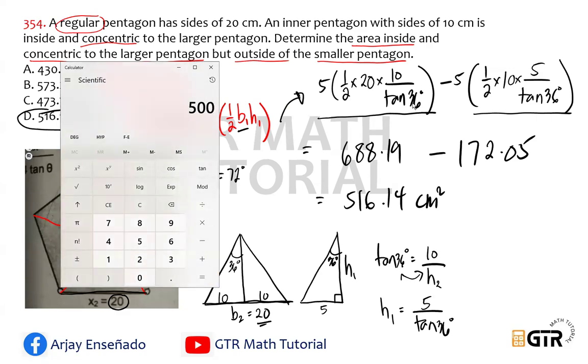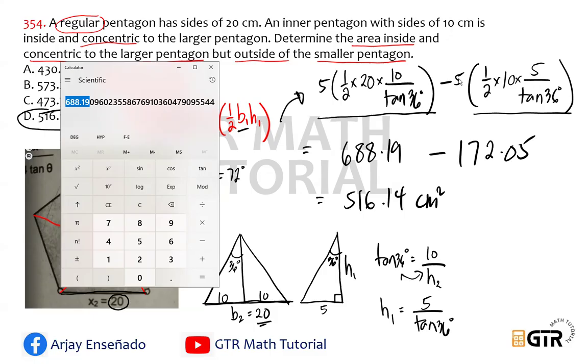And then divided by tangent 36. So 36 first, and then tangent. So we have 500 divided by tangent 36, and then press the equal sign. So we will get 688.19.